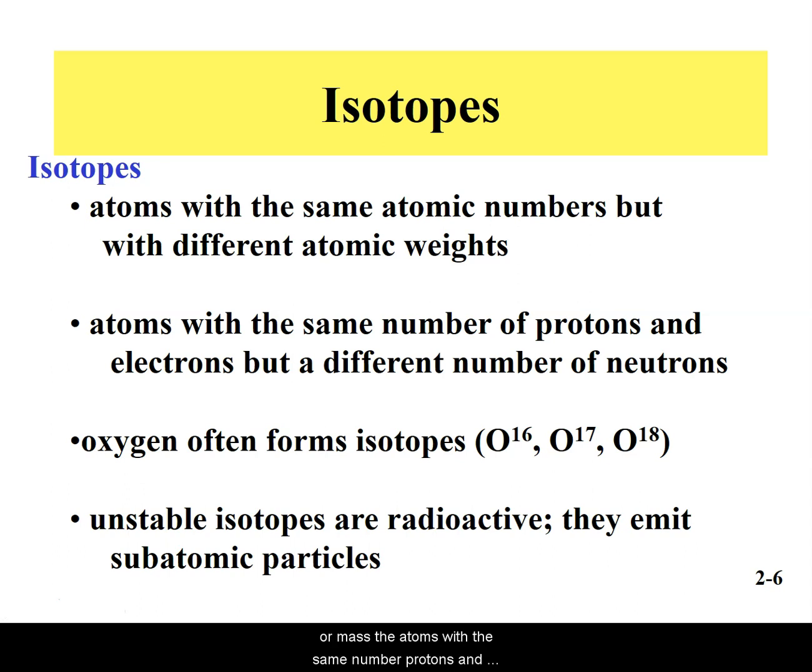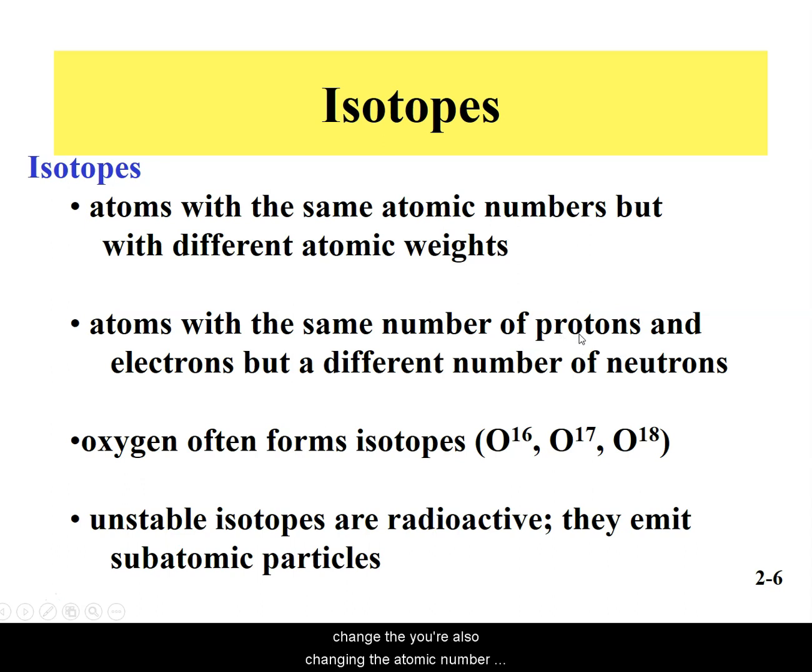Isotopes. Isotopes are atoms with the same atomic numbers but with different atomic weights or mass. The atoms have the same number of protons and electrons but a different number of neutrons. Remember, the number of protons is the atomic number of an atom, and that is not going to change.